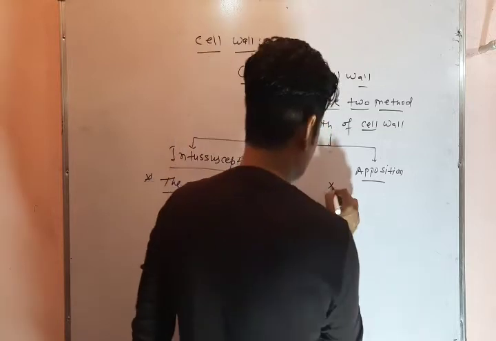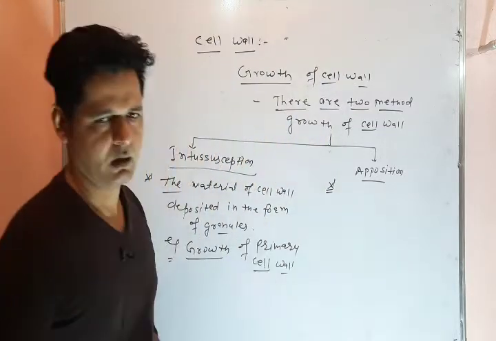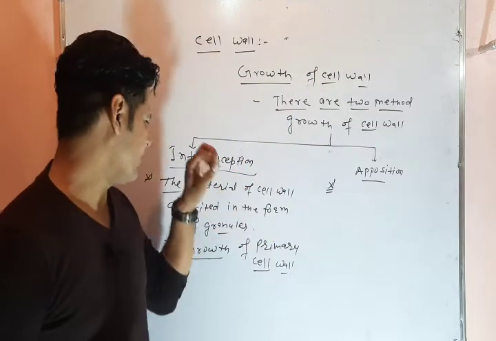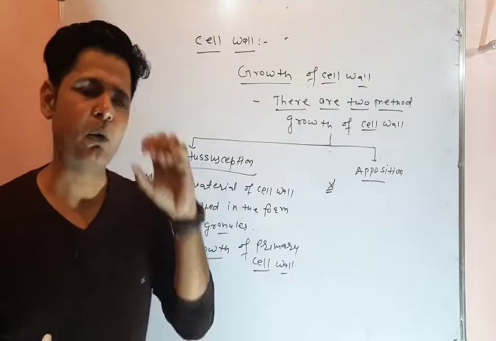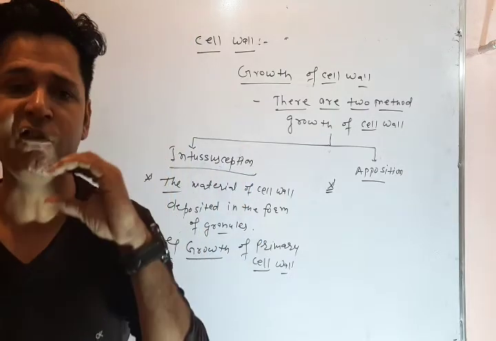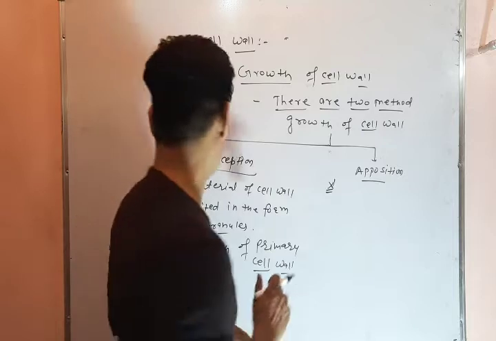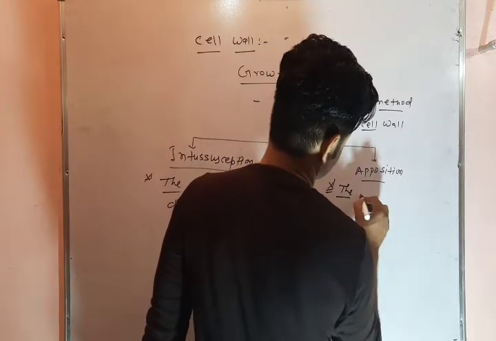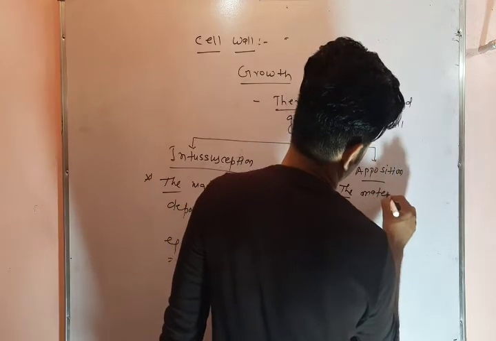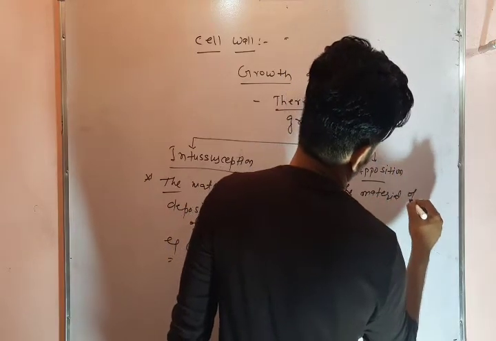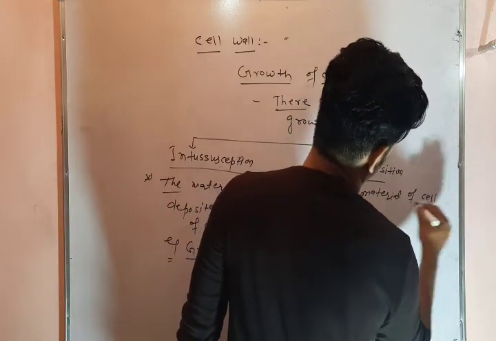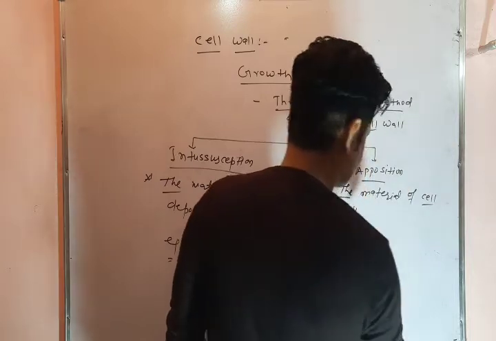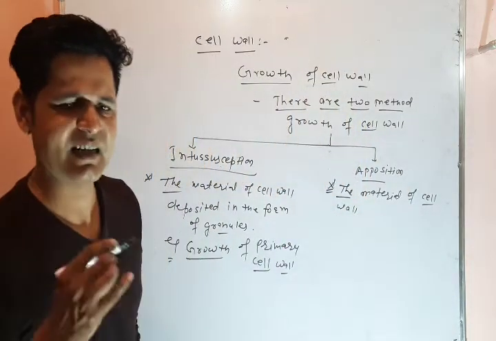Okay. Another method is apposition. In this method, the material of the cell wall is deposited in the form of layers. Which are the materials? Cellulose, hemicellulose, pectin, lignin, like that.